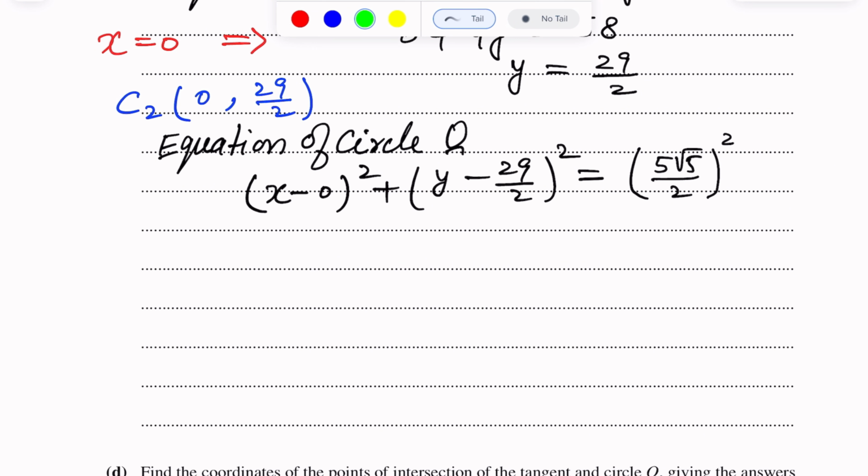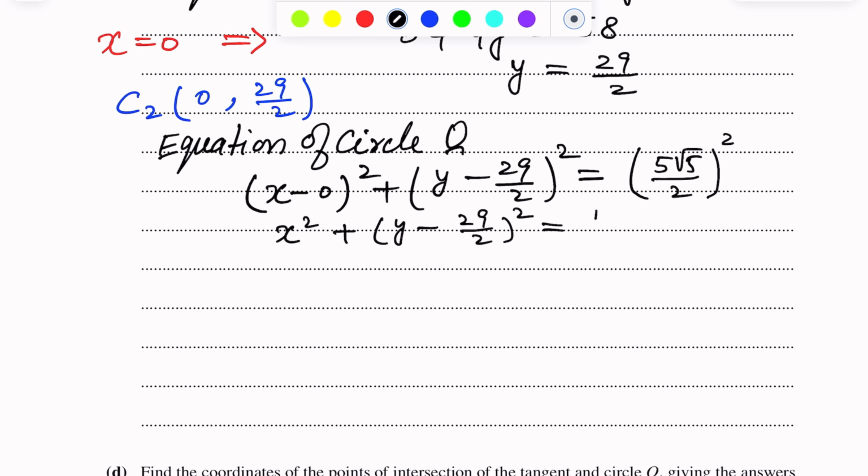First we simplify, and we get x square plus y minus 29 over 2 whole square is equal to 5 under root 5 over 2 whole square, which simplifies to 125 over 4. This is the equation of circle Q. Now we have to find the point of intersection of both the circles.